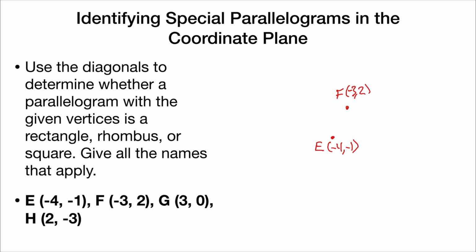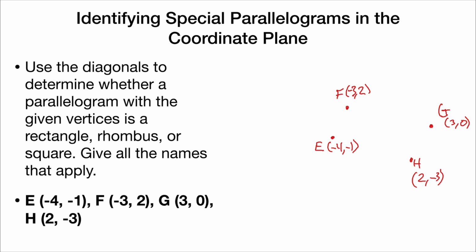G is at positive 3, 0. And then H is at 2, negative 3. Now you might already be able to tell, just from this little sketch, what type it likely is, but what we're going to do is figure it out.